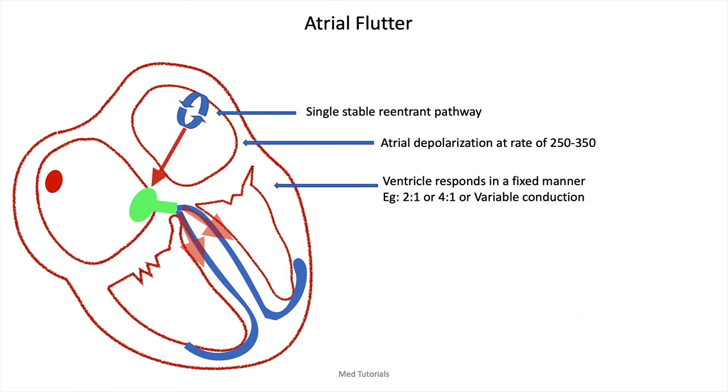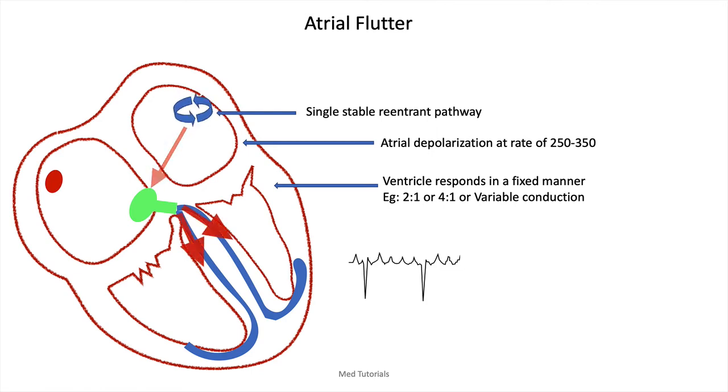So you can have terms such as 2:1 or 4:1, meaning that for every 2 impulses from the atria, only 1 is conducted into the ventricle, or 4:1, for every 4 impulses in the atria, only 1 is conducted. Sometimes you can have variable conduction and not a fixed conduction.